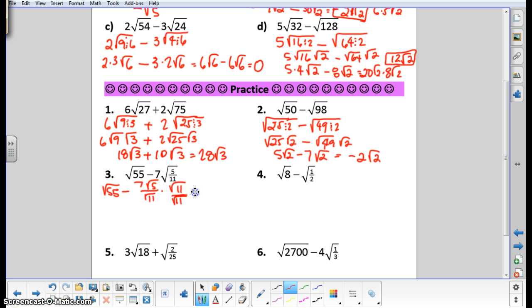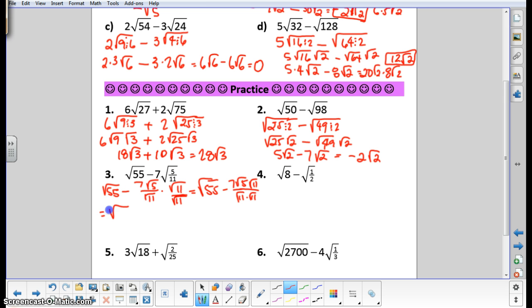So we're going to multiply across here, and I'm just going to carry that positive 55. And that's minus 7 times 5 times root 11. Actually, that's root 5, root 11, and root 11 times root 11.